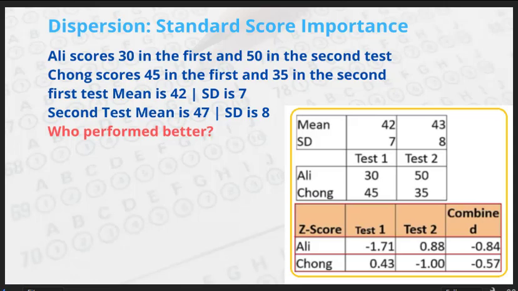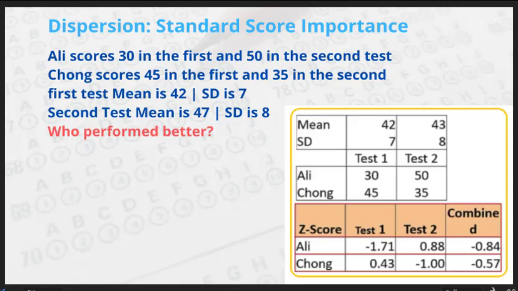Ali scored 30 and 50, so the total is 30 plus 50, which is 80. Chan scored 45 plus 35, and the total is the same, 80.